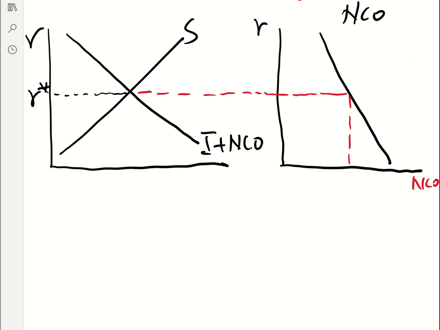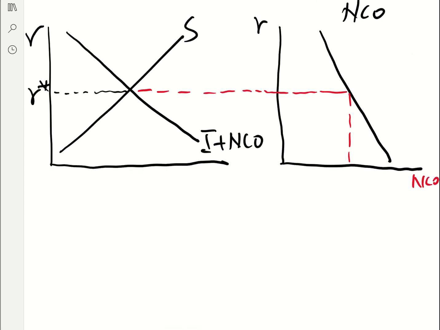Now, the next panel we're going to show is the Forex market. So let me draw here. So this is the Forex market. In the Forex market, the exchange rate is on the vertical axis, and over here, let's just say the dollars exchanged.